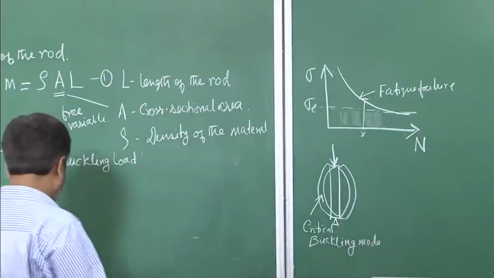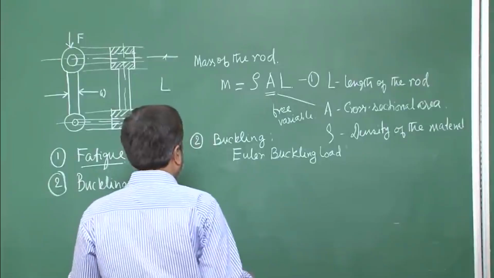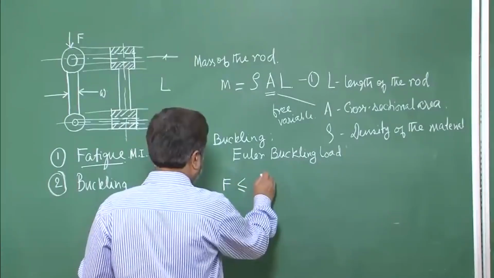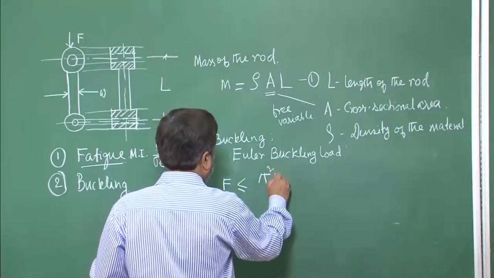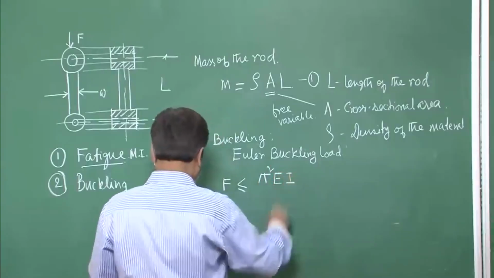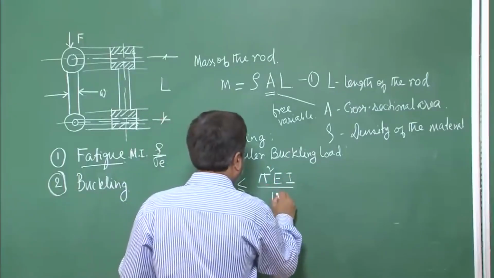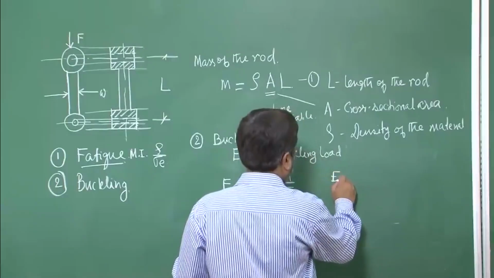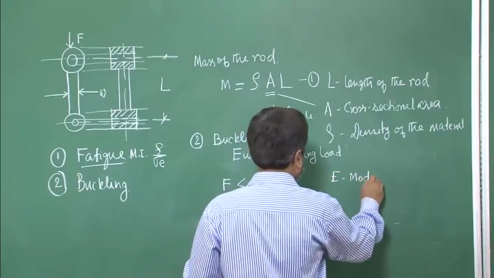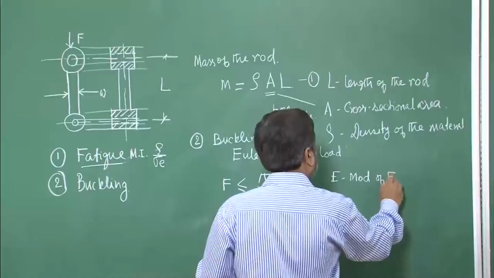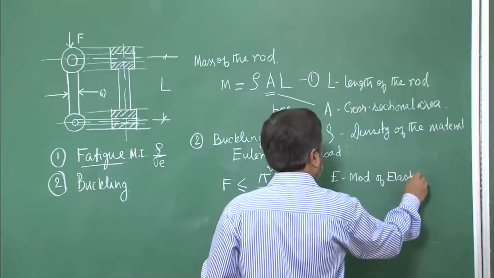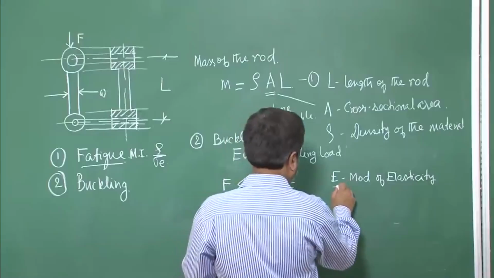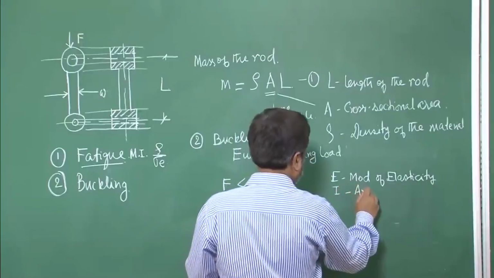For that, we can write that the force has to be less than or equal to pi square E I over L square, where E is the modulus of elasticity and I is the area moment of inertia.